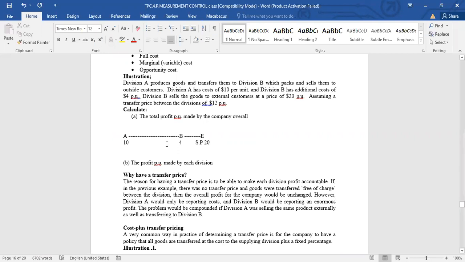So assuming a transfer price of 12, they're asking us to find the total profit. These are costs. So what do we do?